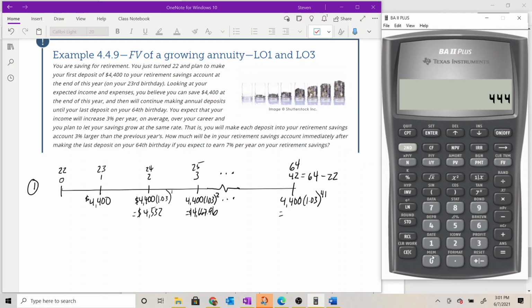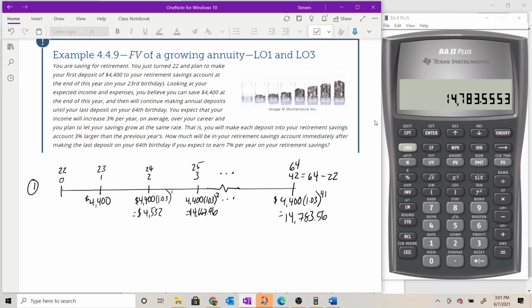So let's figure out what that is real quick. 4,400 times 1.03 raised to the 41. That last deposit is going to be $14,783 and roughly 56 cents.